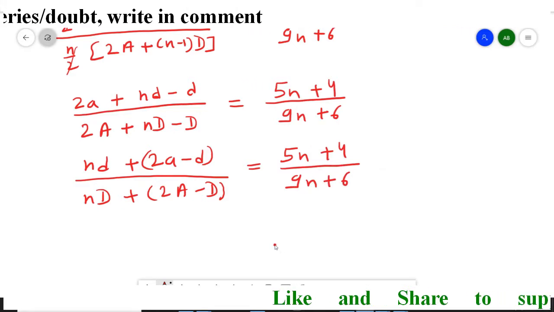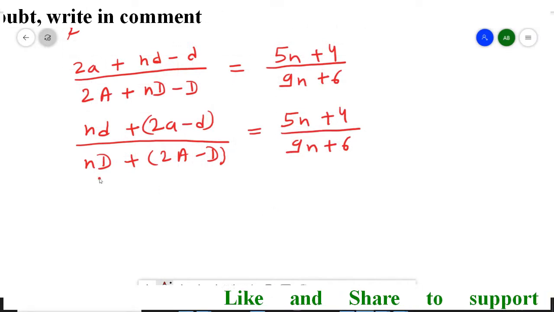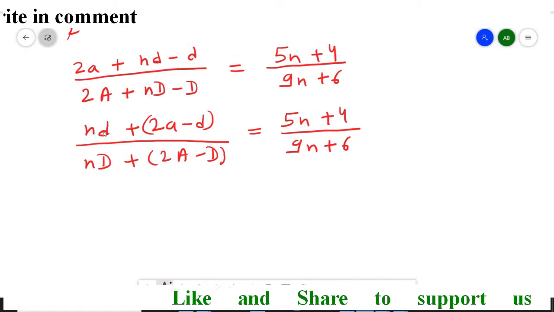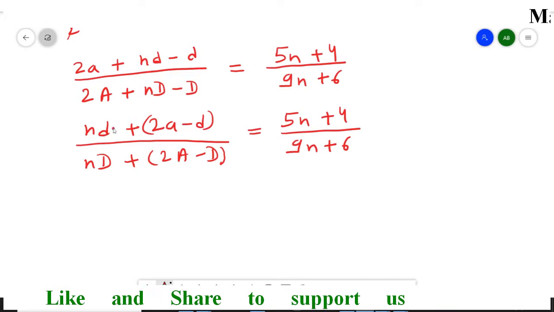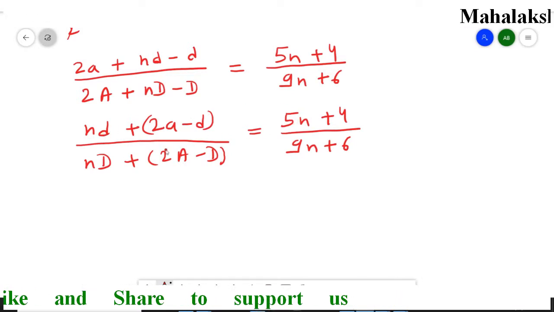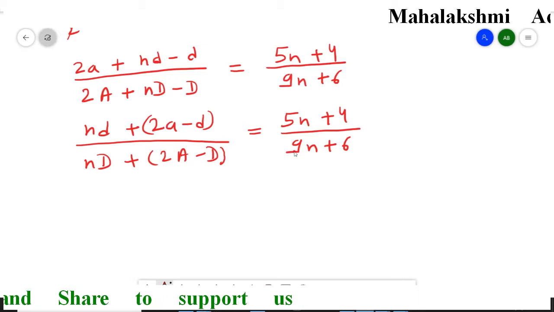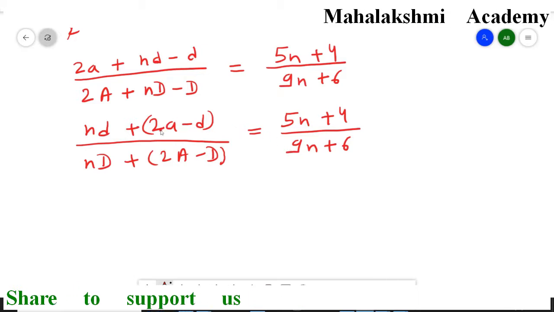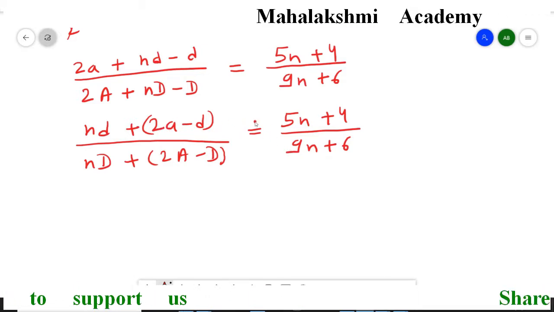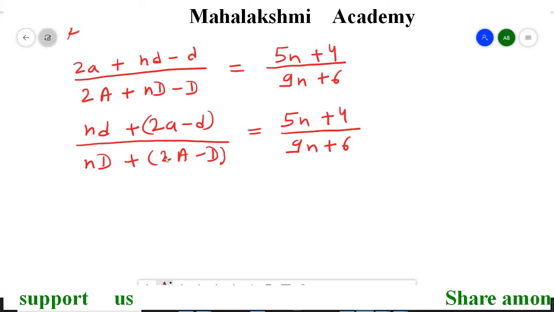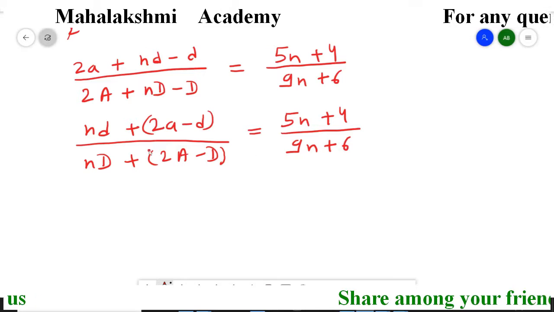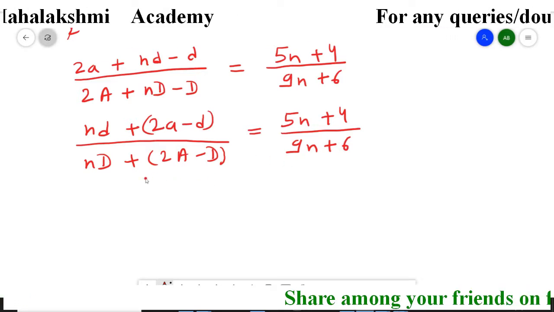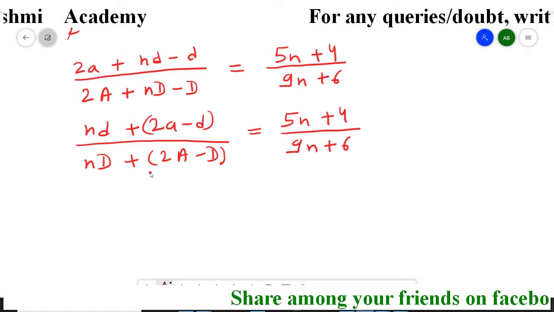Now we are going to compare them. When we compare the coefficients of like terms, small d is going to be 5 and capital D is going to be 9, and 2a minus d is equal to 4, and 2 capital A minus D is equal to 6. Like this we can compare the coefficients of like terms and the constants.